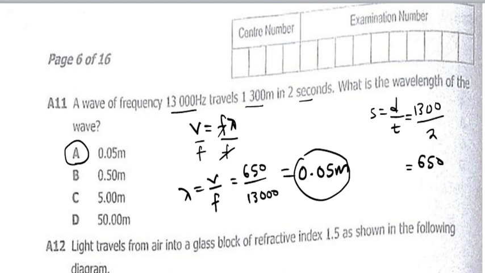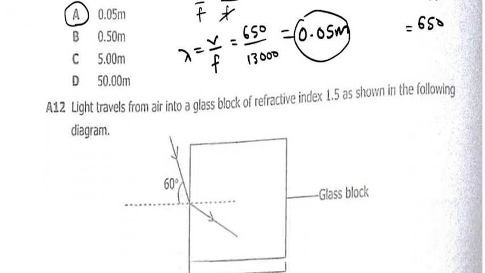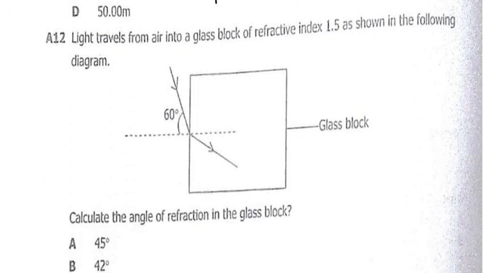Proceed. Look at another question, question 12. Light travels from air into a glass block of refractive index 1.5 as shown in the following diagram. Calculate the angle of refraction in the glass block.